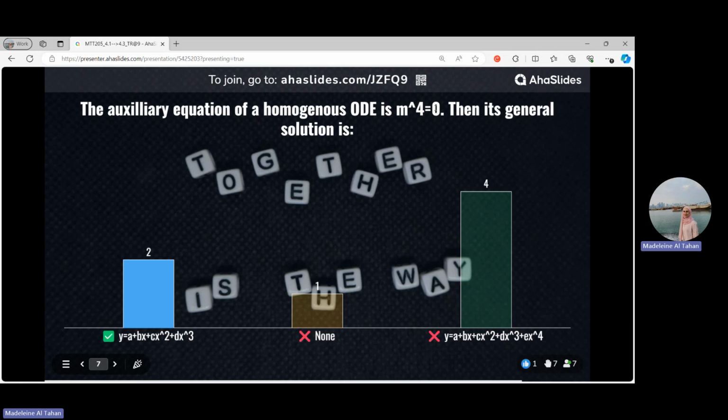So the solution is e^(0x), right? Which is 1. How many ones do we have? 4 ones. To remove the dependency we multiply by x. So I have 1, I multiplied by x, I got the second one, I multiplied by x again, I got the third one, multiplied by x again, I got the fourth one. So this one should be the answer. This one is correct for what? If we have m to the power 5 equals 0, it occurs how many times? 5.